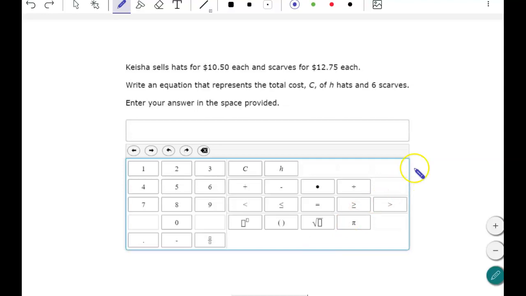Keisha sells hats for $10.50 each and scarves for $12.75 each. Write an equation that represents the total cost of H hats and 6 scarves. So total cost is equal to each hat is $10.50 and each scarf is $12.75.